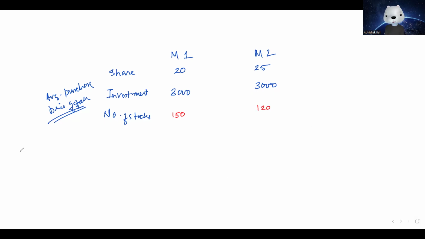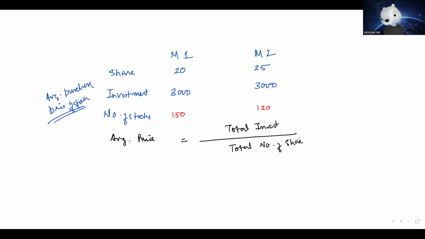So now let's calculate what is the average price of this stock after 2 months, right? So the average price should be equal to total investment in absolute term, of course, divided by the total number of shares, right?